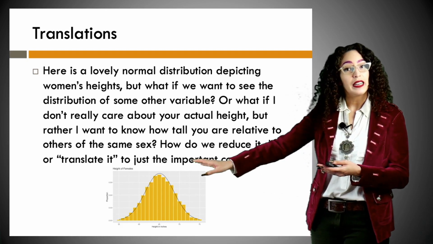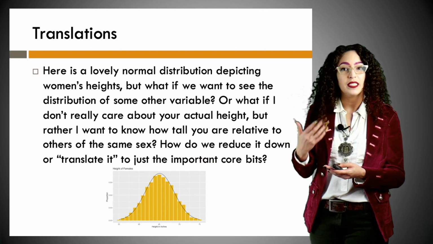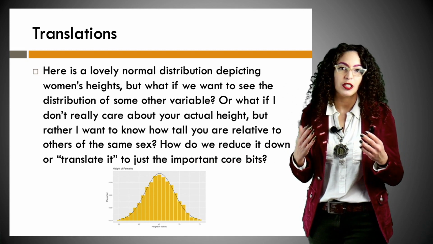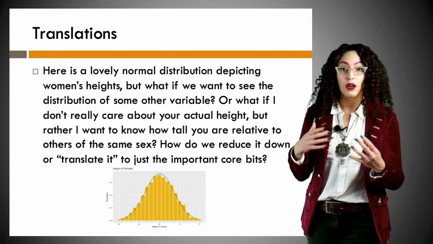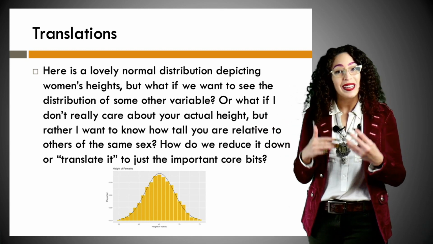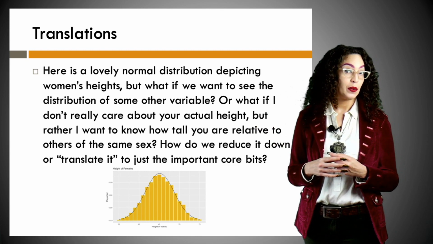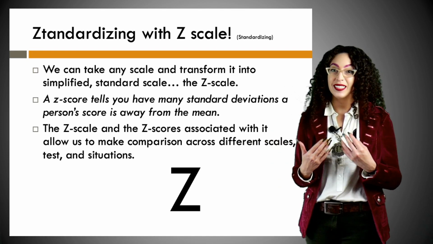So here is that lovely normal distribution depicting women's heights, but what if I want to see the distribution of some other variable? Or what if I really don't care about your actual height, but I want to know how tall or how short you are relative to other people? How do we reduce it down or translate it to just the important bits of information? With standardizing, with the z-scale.